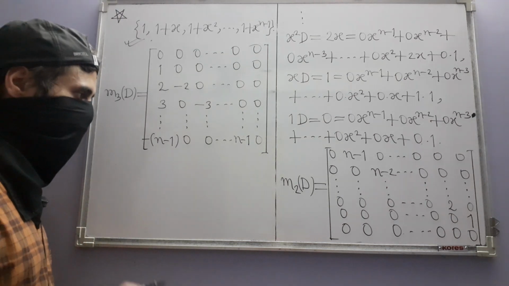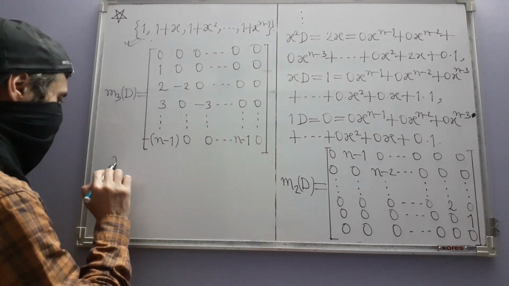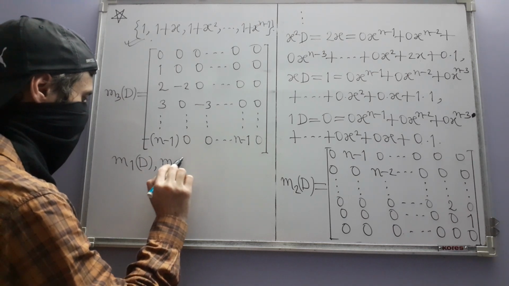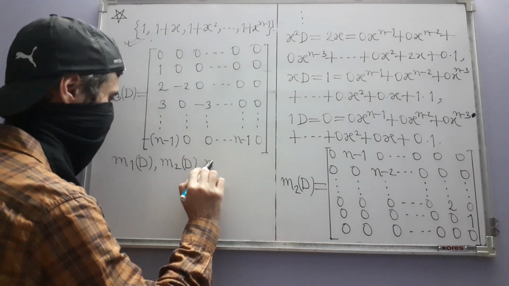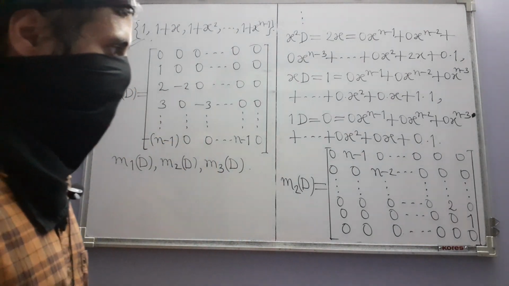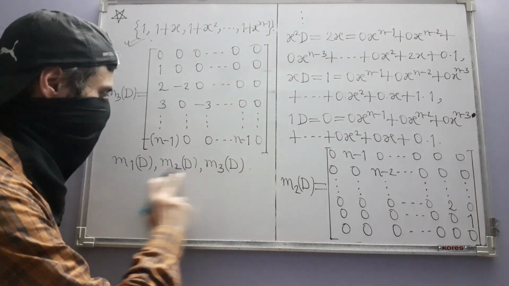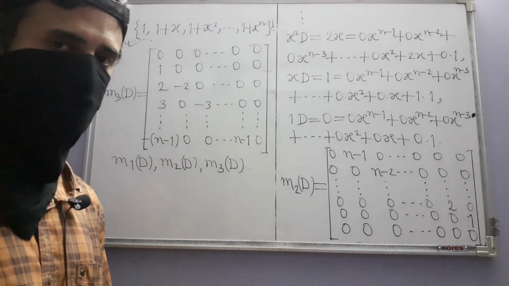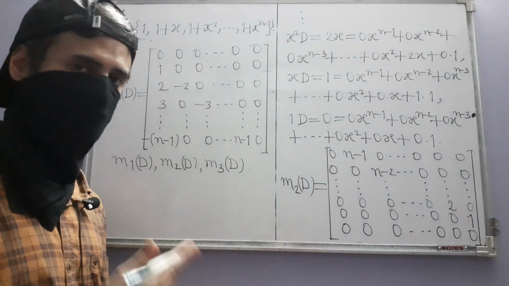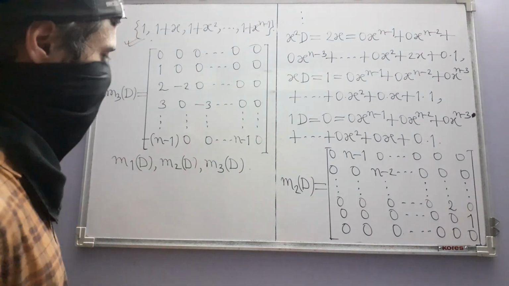Now, note that we have got three quite different matrices: M1D, M2D, and M3D. And we can expect to get different matrices if we keep changing the ordered basis. Simply changing the order of the vectors itself has caused significant difference in the matrix.